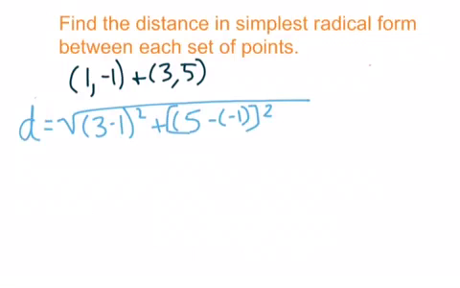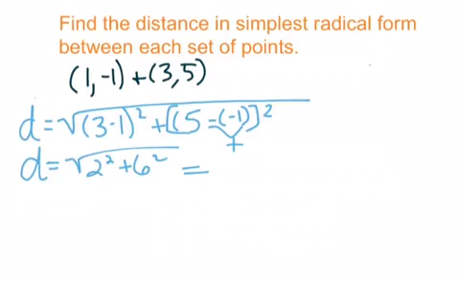Okay? So then we're going to have d equals the square root of 2 squared plus 6 squared, because this became an addition. So that is going to equal d equals the square root of 40.